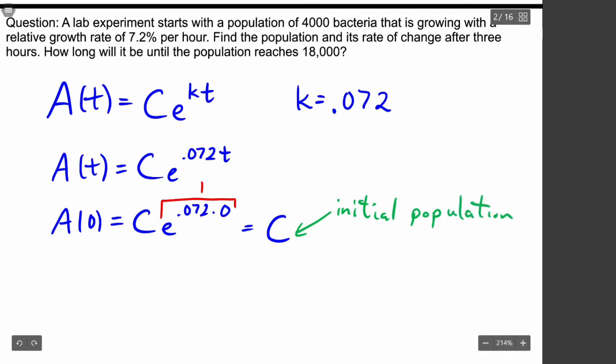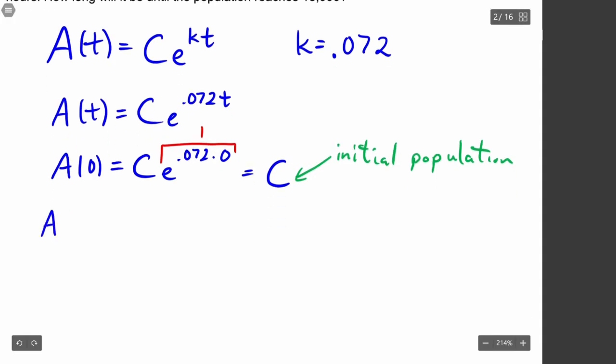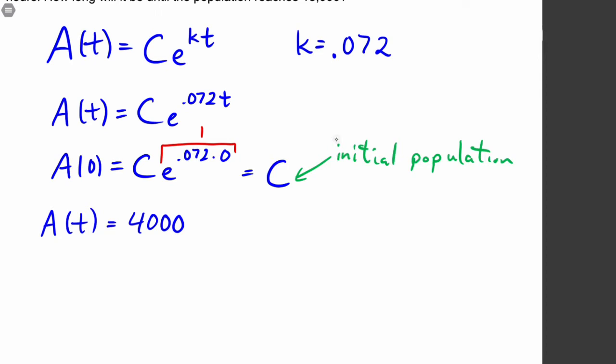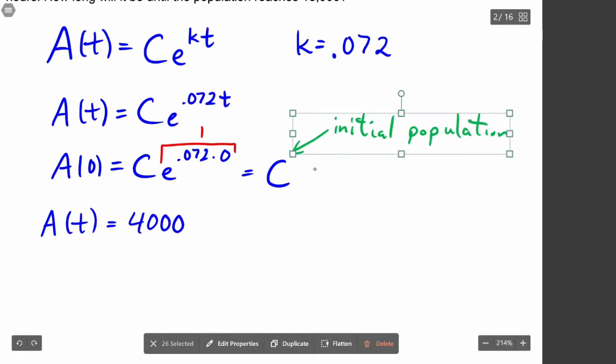And if you remember, we had something like that for continuously compounded interest. Anyway, I should mention here that this quantity, A(0), the initial population, is equal to 4,000.